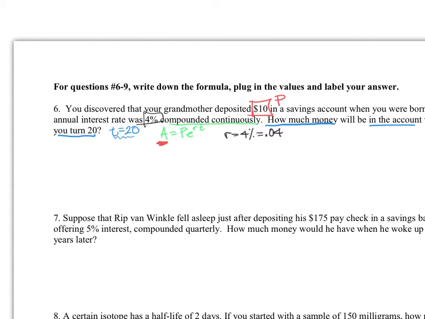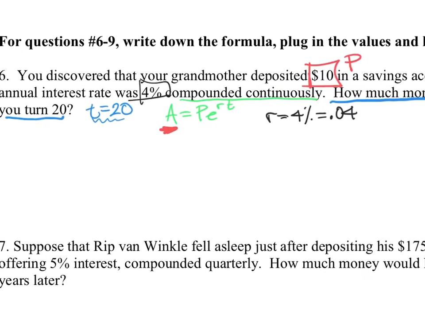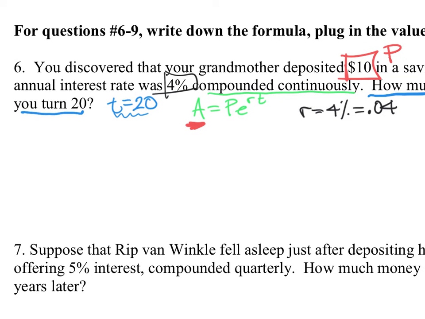So we have all the pieces we need to figure this out. Let's go ahead and plug those in. We are figuring out A. We know the amount we're depositing is 10. That's our present value.